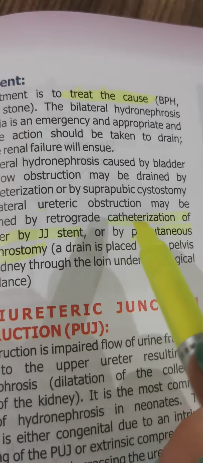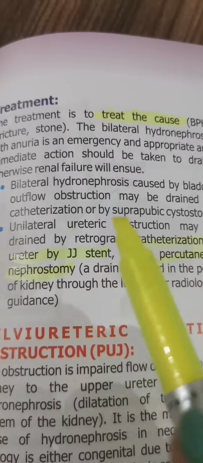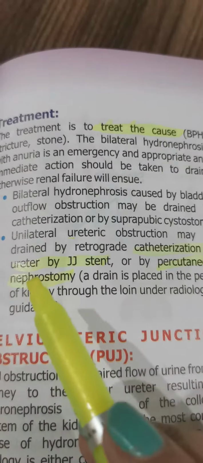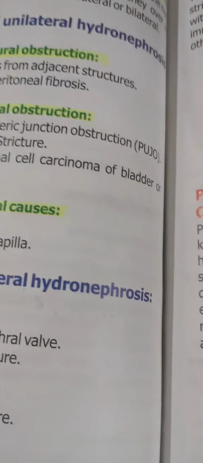It doesn't matter. In both cases we have to drain, and then after that we will treat the cause. So again, in unilateral obstruction, we will do retrograde catheterization by double J stent or percutaneous nephrostomy. And in bilateral hydronephrosis, we would drain by catheterization. This is it.